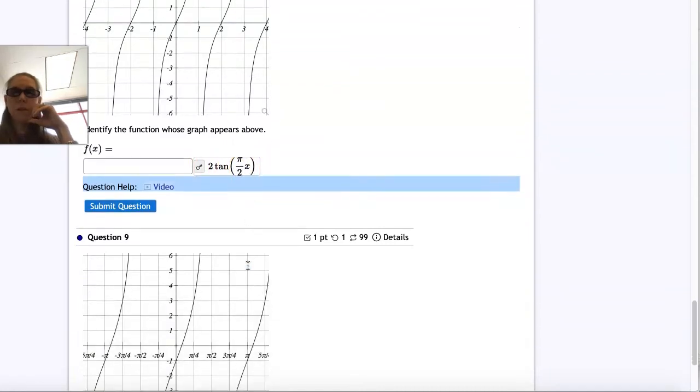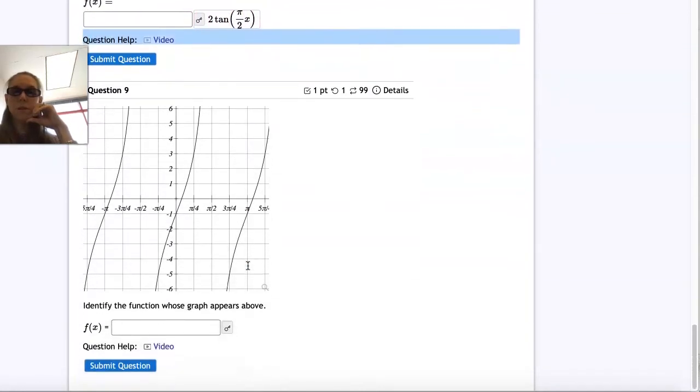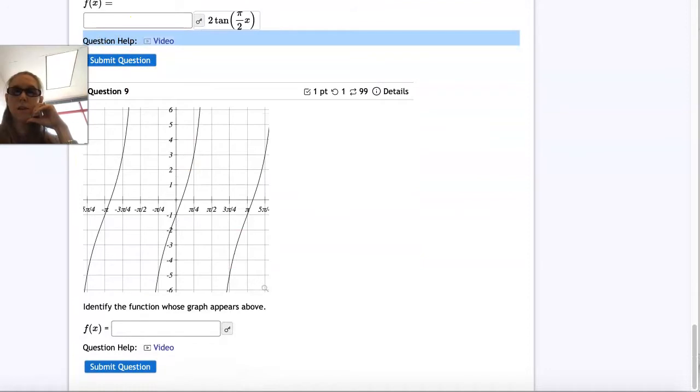And here now I've added the correct answer from my open math, tangent of pi/2 x, so you can see that. Alright, for the next one, we want to start in the same way by finding the asymptotes. So what we have here is an asymptote at, that looks like pi/2, and -pi/2.